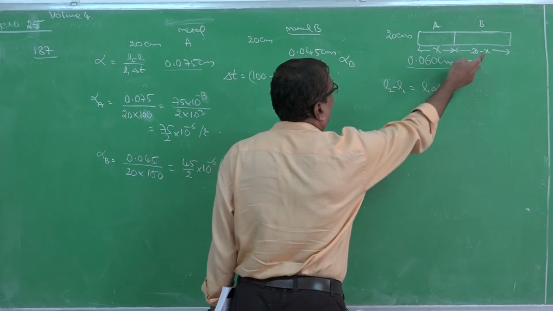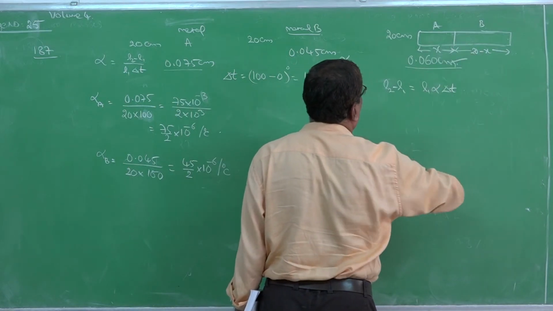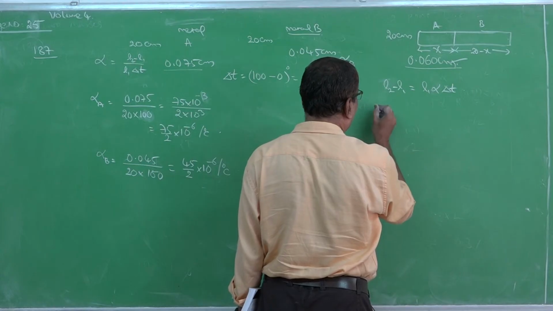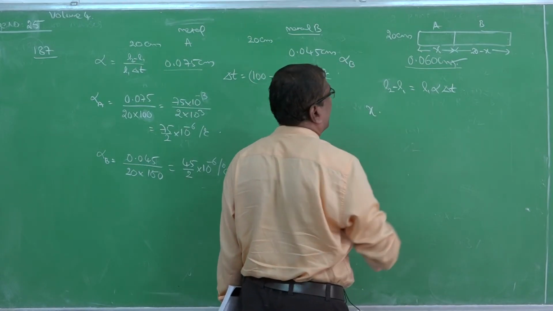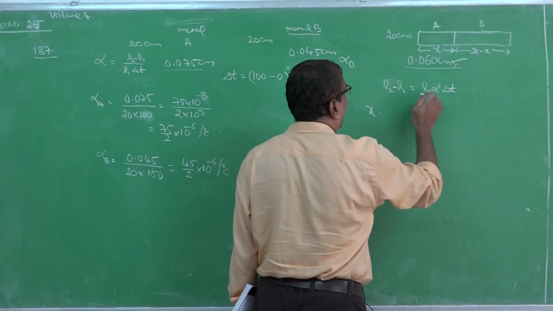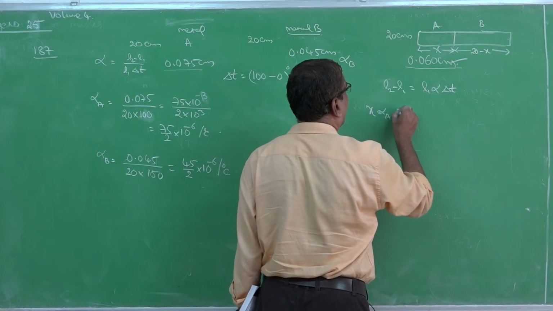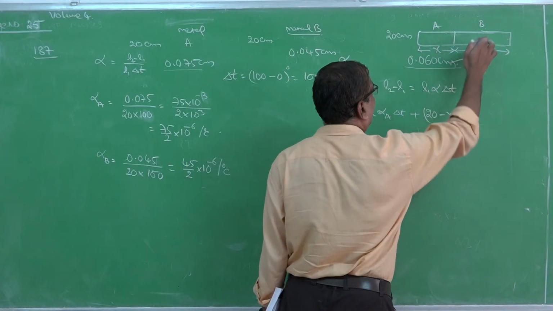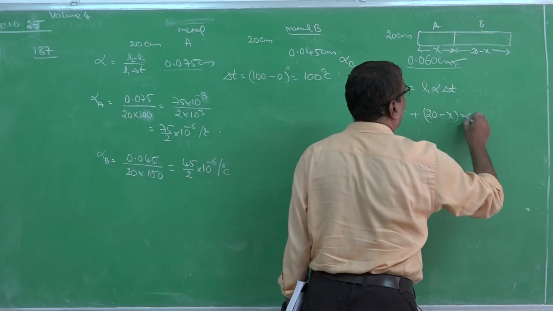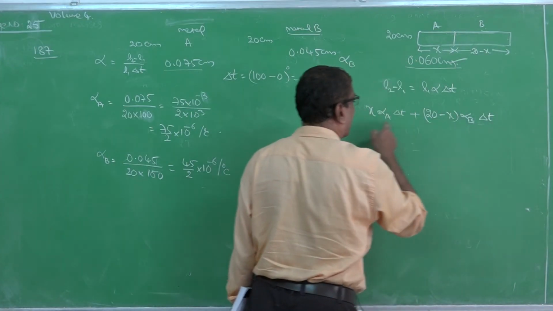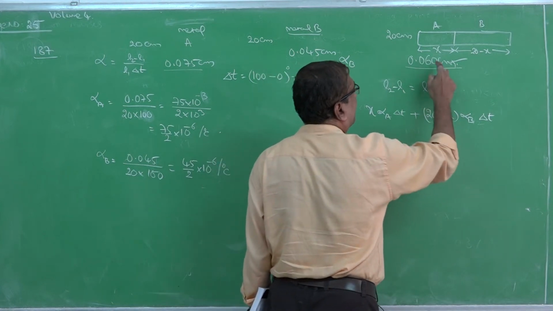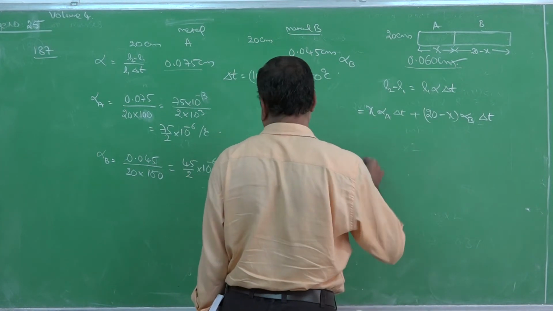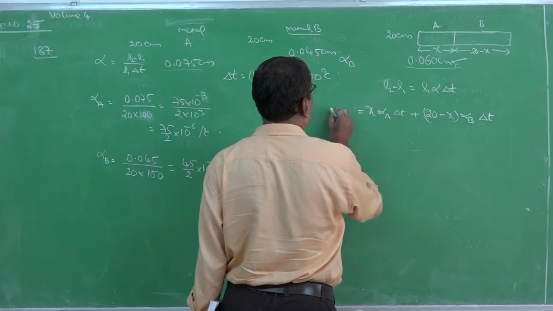The total expansion is 0.06. So, the expansion is x into alpha A into delta t, plus 20 minus x, the initial length of metal B, into alpha B into delta t. This is the total expansion, and this is given as 0.06, which we can write as 60.